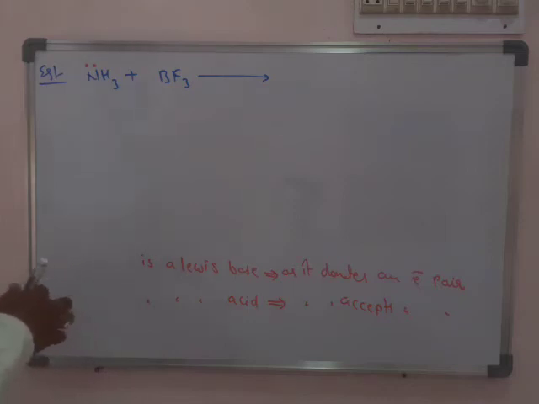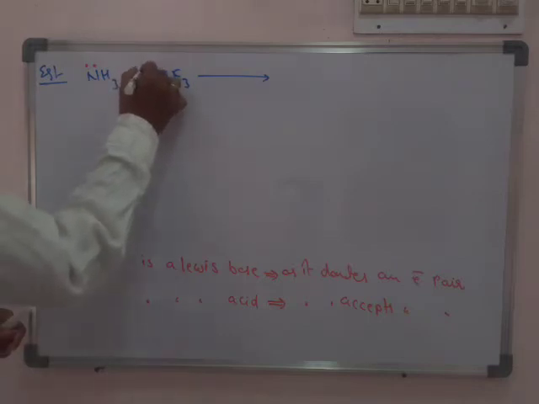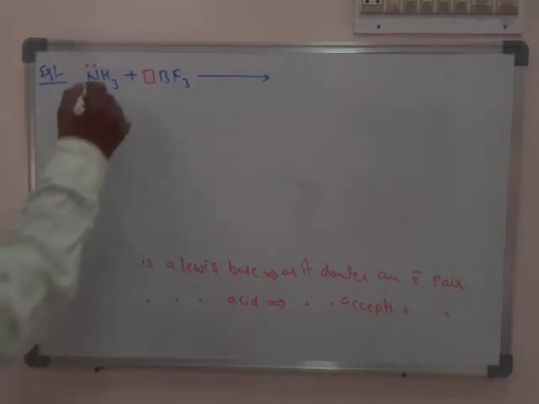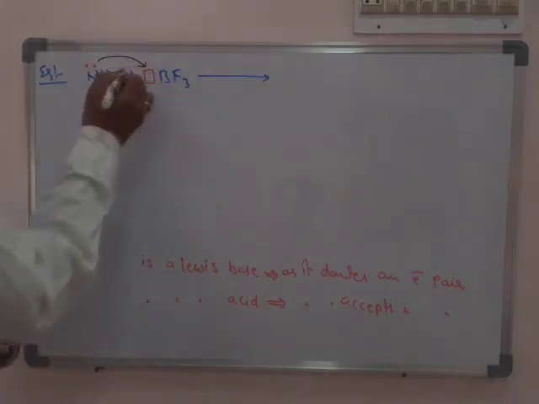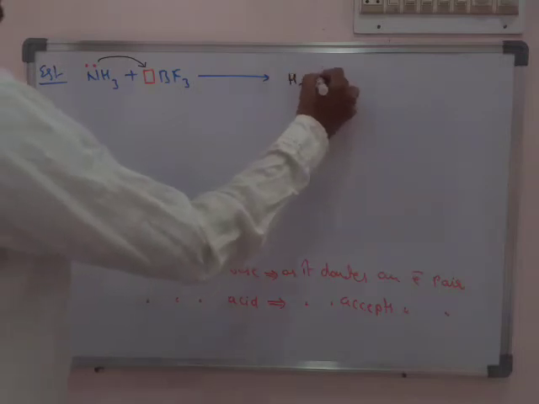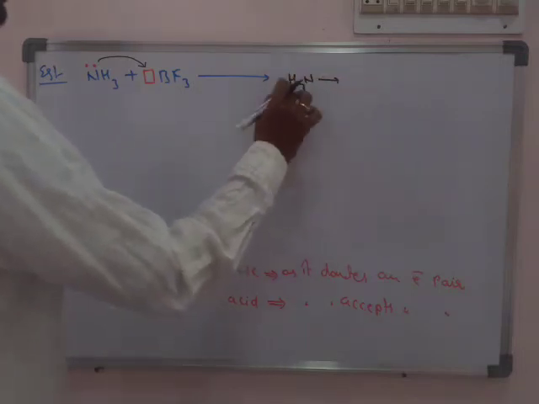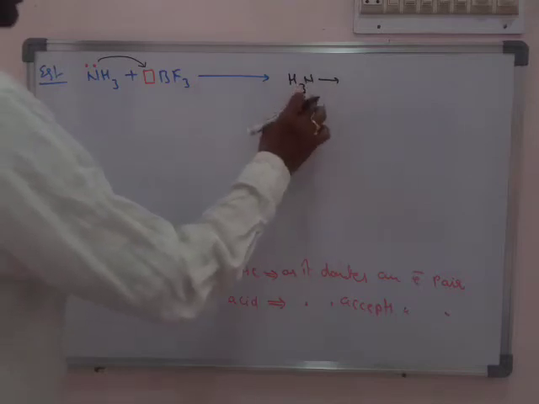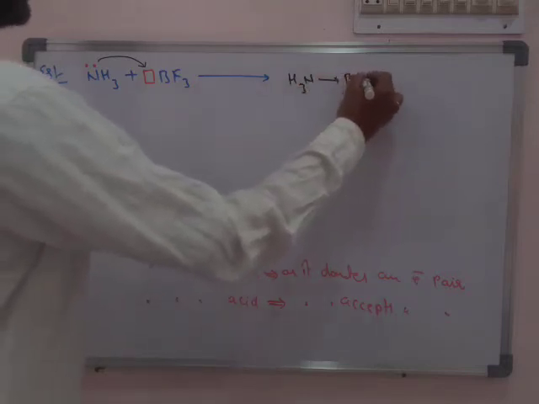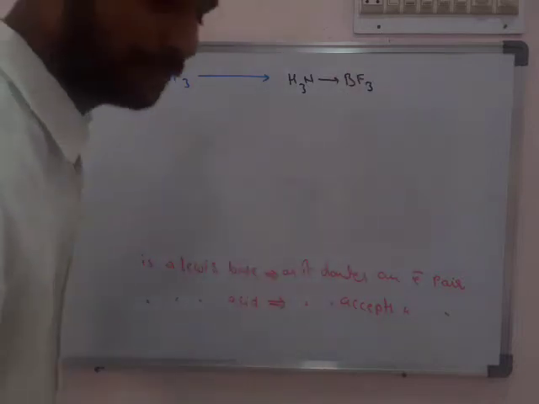In BF3, boron has a vacant p orbital, and there is a transfer: nitrogen donates that electron pair to boron. We can write NH3 or H3N. Nitrogen is donating, that's why I am writing in this form. Nitrogen donates an electron pair to the BF3.